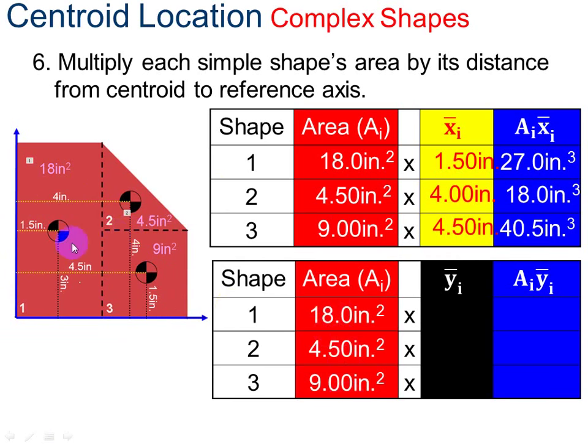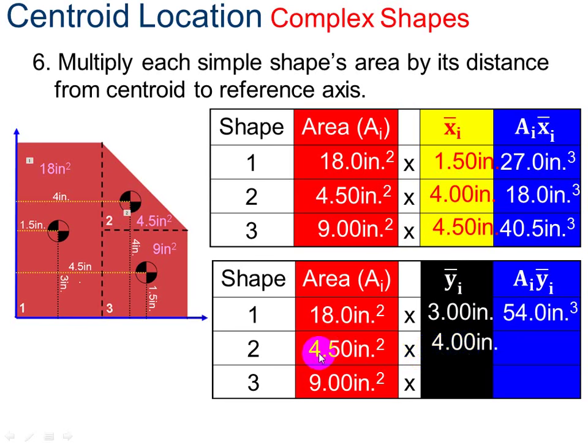Same areas, the shapes have not changed size, so same exact areas. Only now I'm interested in how far is it in the y direction. So shape number 1, how far to the centroid in the y direction? The answer is 3. For shape number 2, how far is the centroid from the reference axis in the y direction? So the answer here is 4.